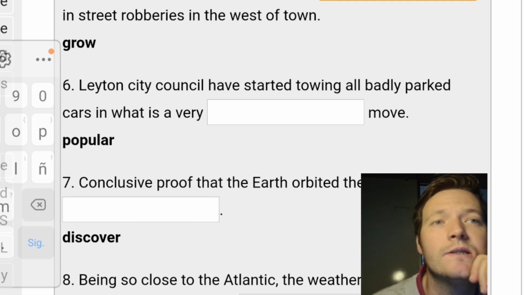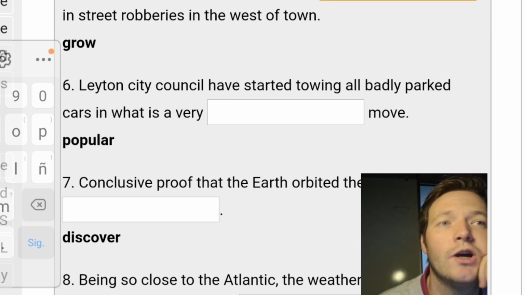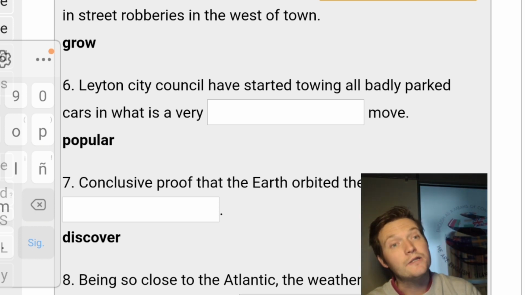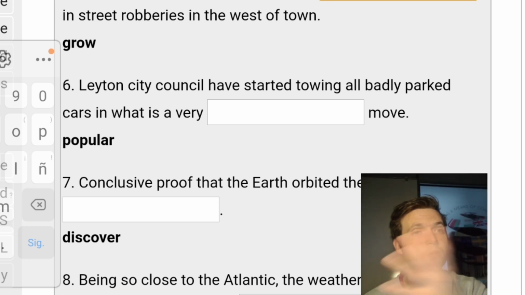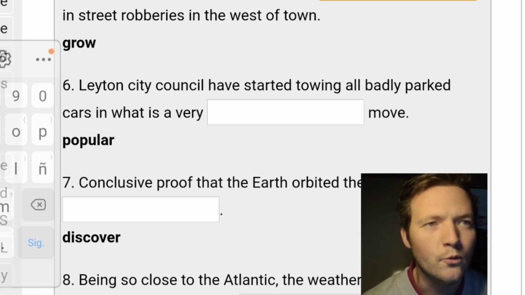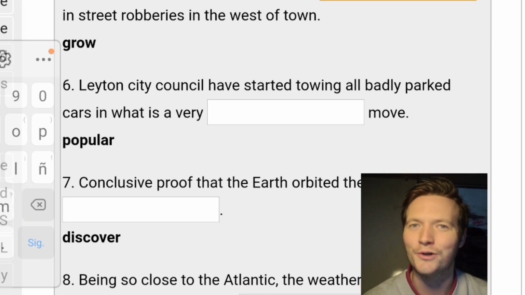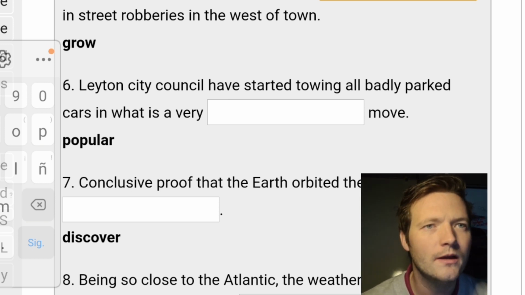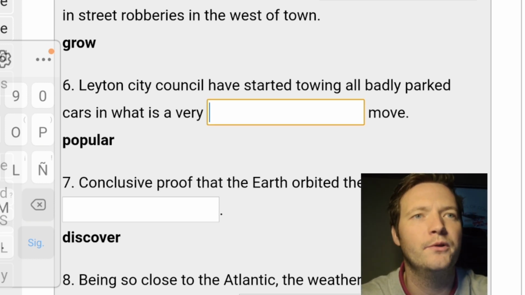Okay, 6. Leighton City Council have started towing all badly parked cars in what is a very move. Yeah, well, I imagine if they're towing the cars away, no, they're coming to get them with the little crane, the tow mobile, the tow truck, the tow lorry. Yeah, it's probably an unpopular move, isn't it?